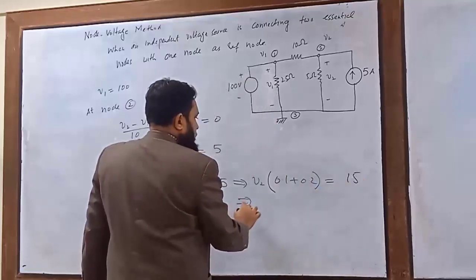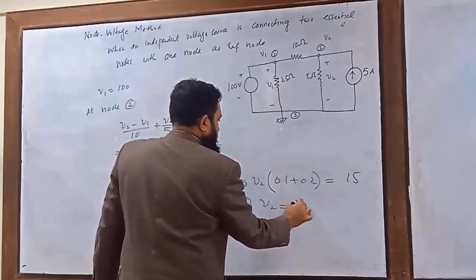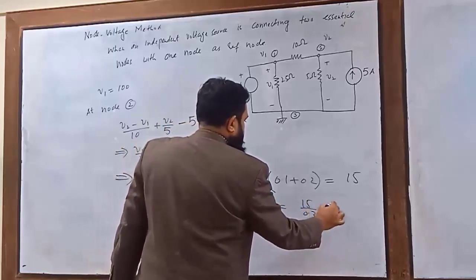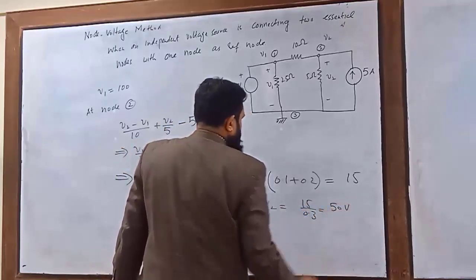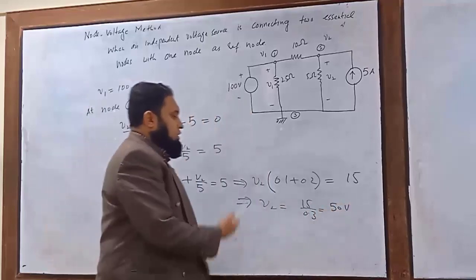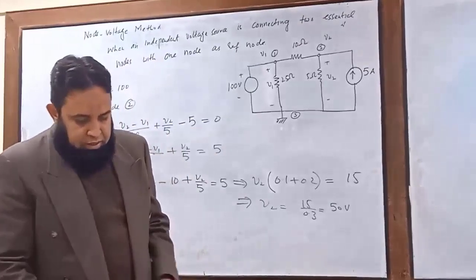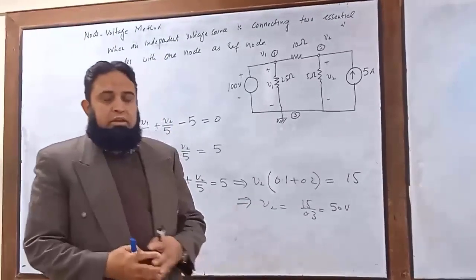So V2 is equal to 15 divided by 0.3, which is equal to 50 volt. Okay, something very simple and very easy.